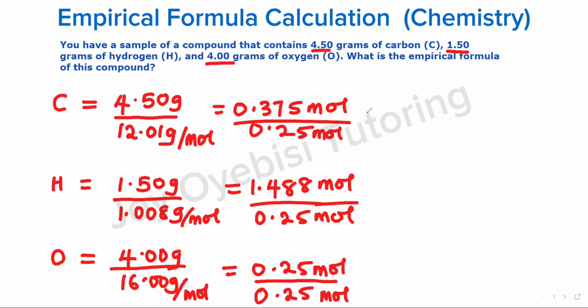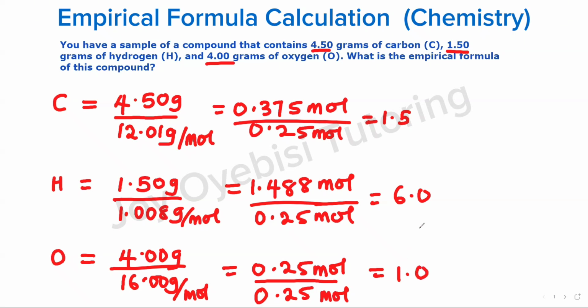And the last step, the first one, 0.375 divided by 0.25 will give us 1.5. 1.488 divided by 0.25 will give me 6 approximately. And then 0.25 divided by itself gives me 1.